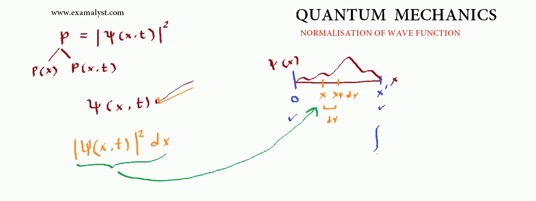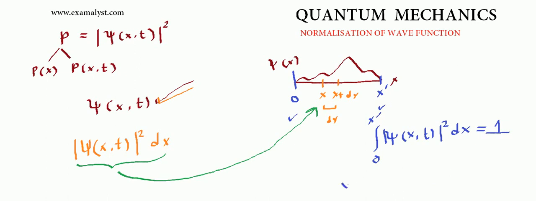The condition says that the mod square of psi of x comma t, into dx, is the probability of finding the particle in region dx. Now what is the total region? The total region goes from 0 to x dash. Then what is the probability of finding the particle from 0 to x dash? Of course it is 1, because the particle has to be somewhere between 0 and x dash.